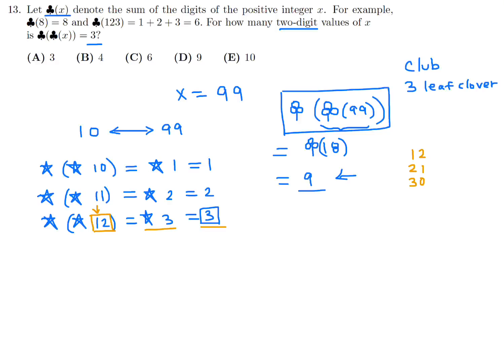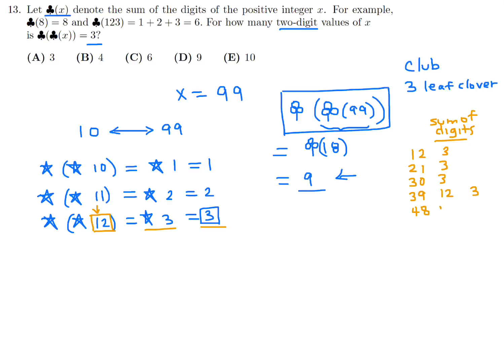Then 39, but the sum of the digits of 39 is 12. That'll work because when you do the operation again, it will be 3. You see? A little bit of trickiness there.